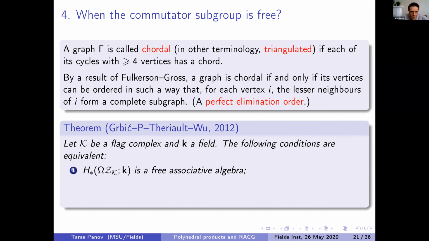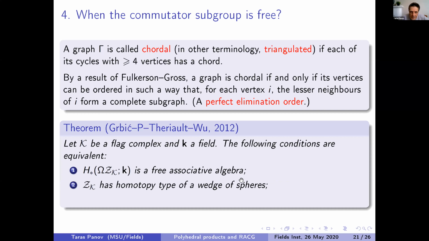Another theorem of the 4 authors: whenever you have a flag complex and K is a field, then the following 3 conditions are equivalent. Remember, the loop homology of the moment angle complex is a commutator subalgebra in the loop homology of CP infinity to the power K, right? You always think of it as a commutator subalgebra. One condition is that this commutator subalgebra is free. Another one is that ZK has the homotopy type of a wedge of spheres.